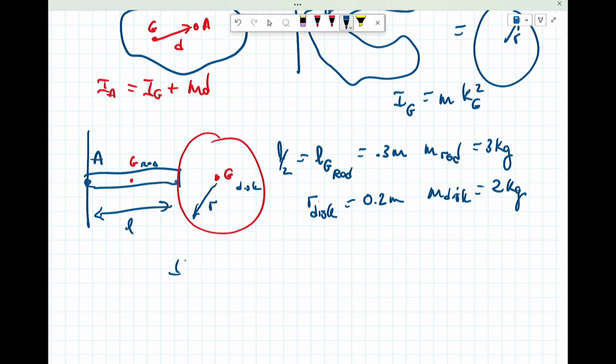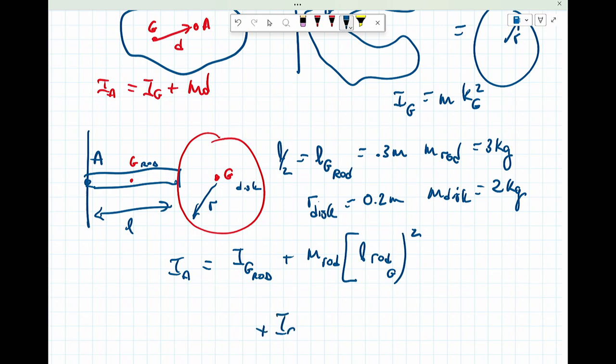And I can say that I_A equals I_G of the rod plus mass of the rod times length of the rod to G squared, plus I_G of the disk plus mass of the disk times the quantity length of the rod plus radius of the disk, squared.